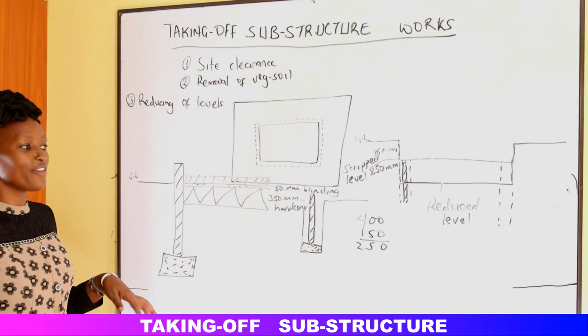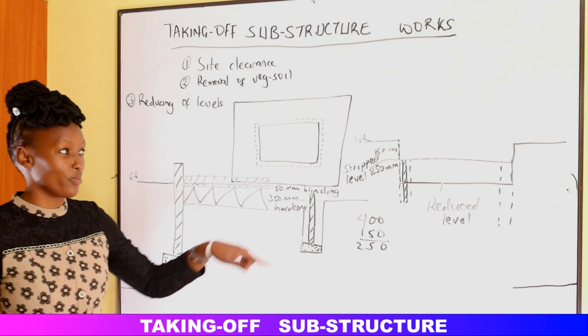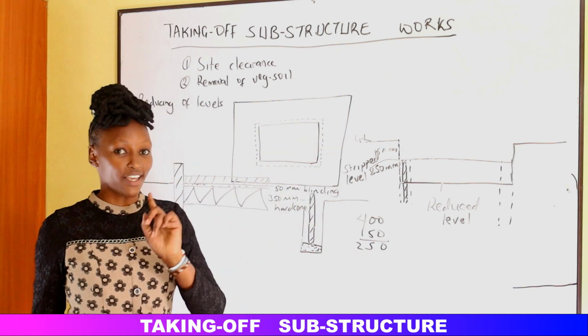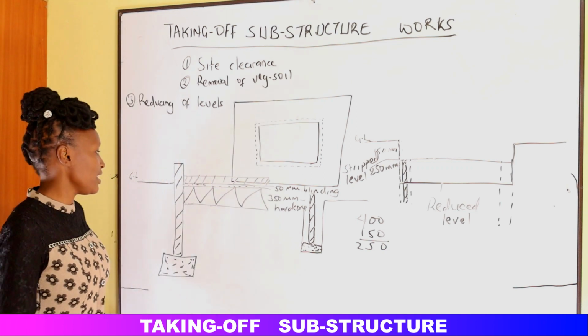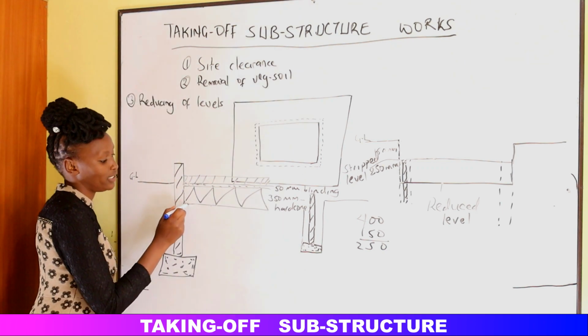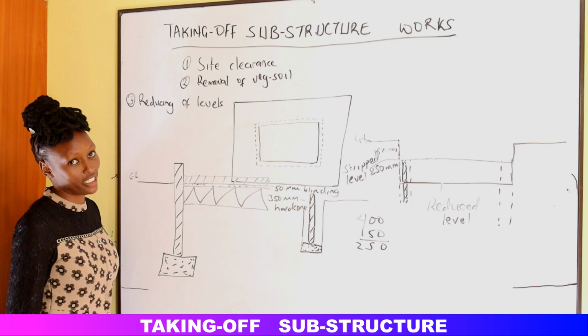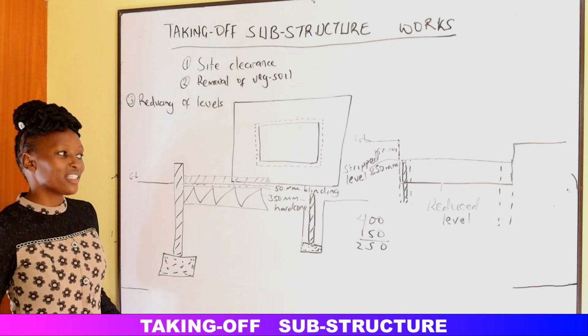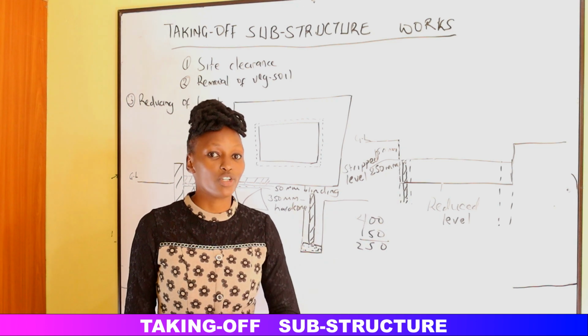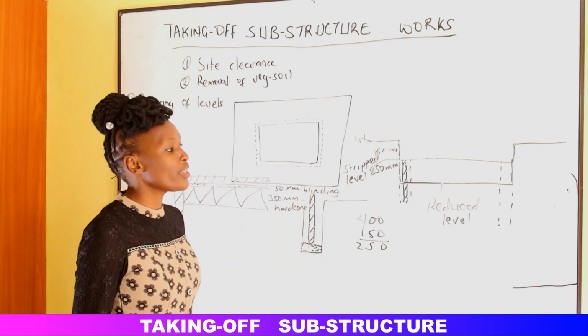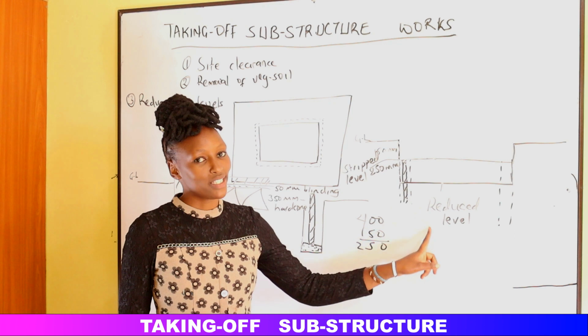So we do not excavate the trenches from the ground level. We do not excavate the trenches from the stripped level, unless if you calculate this depth, it is the same as 150. If it's more than that, we will have to reduce the level further until a place where the ground is stable. So that is what we call the reduced level.